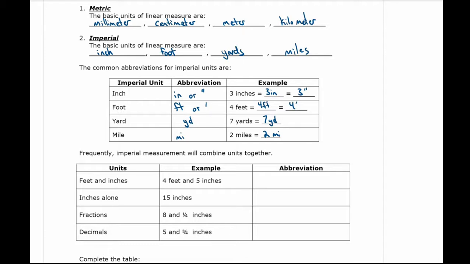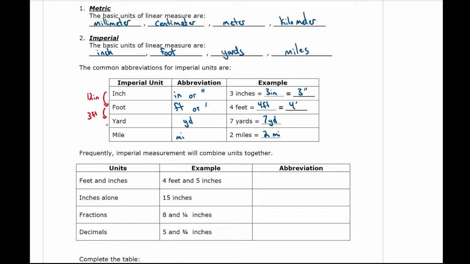So from 1 inch to a foot, we have 12 inches equals 1 foot. From a foot to a yard, we have 3 feet, so 3 feet equals 1 yard.